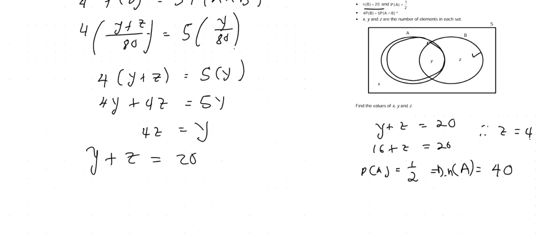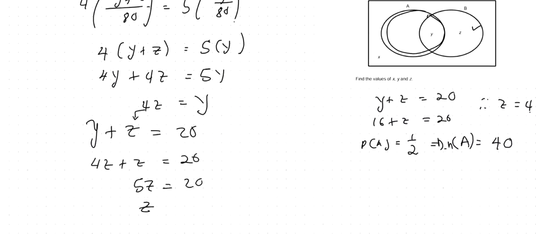So because we have Y in terms of Z, we can substitute in here to calculate Z. We'll have 4Z plus Z is equal to 20, that's 5Z is equal to 20, and therefore Z is equal to 4. Now that we know Z is equal to 4, we can substitute it back here, where we calculate that Y is equal to 4 times 4, which will give us 16.